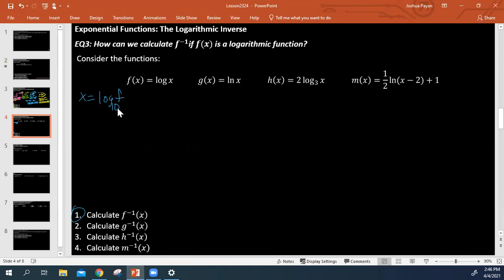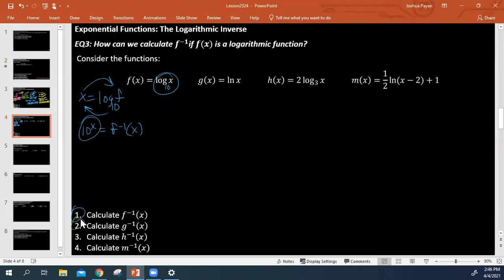And it always helps me to draw these arrows like what you saw. So 10 to the x equals our f. So f inverse of x is equal to 10 to the x. And that makes sense, right? So log base 10 of x is inverse to exponential base 10 of x.